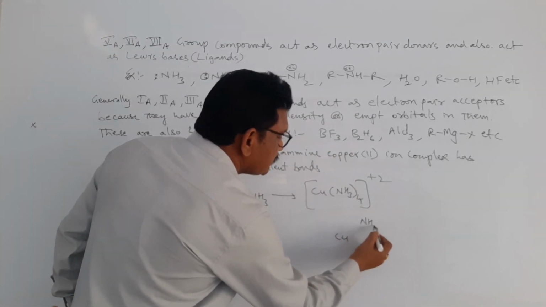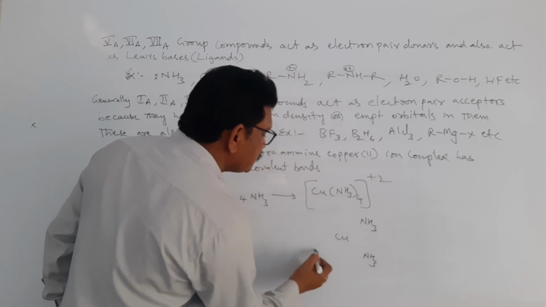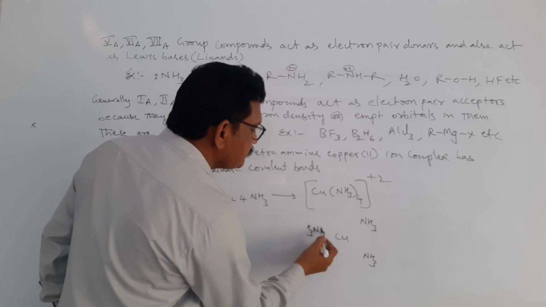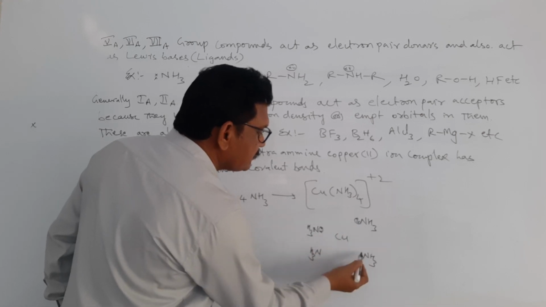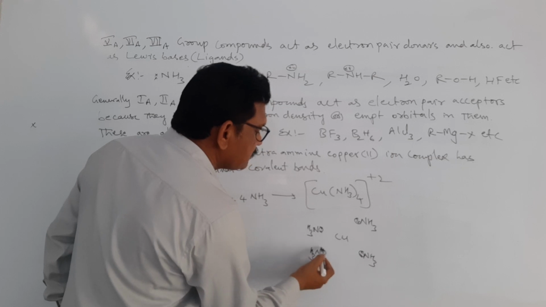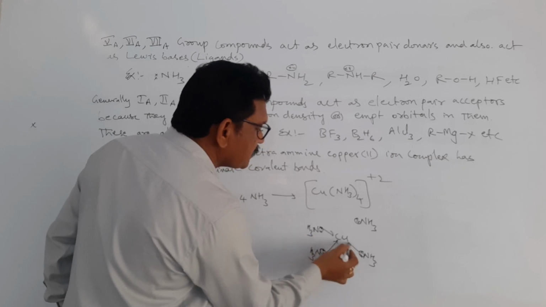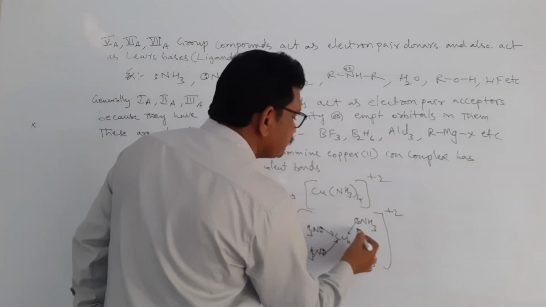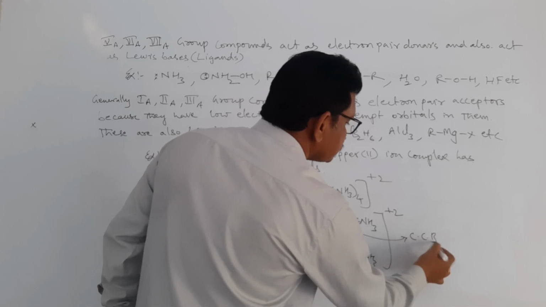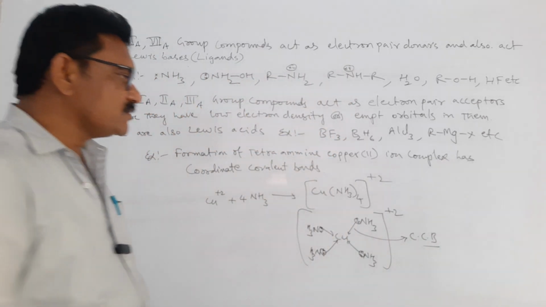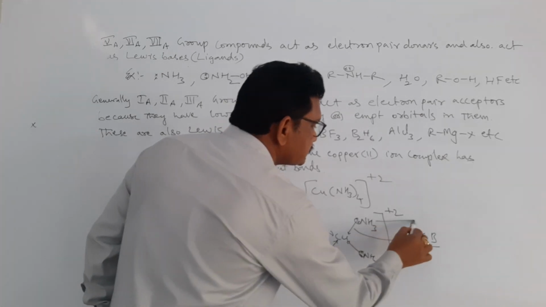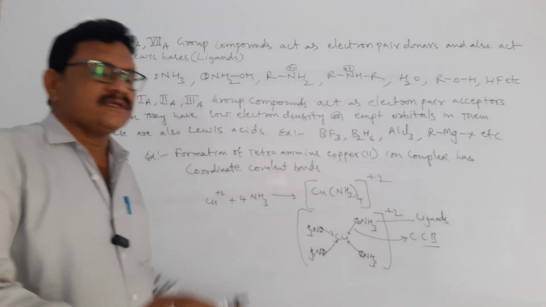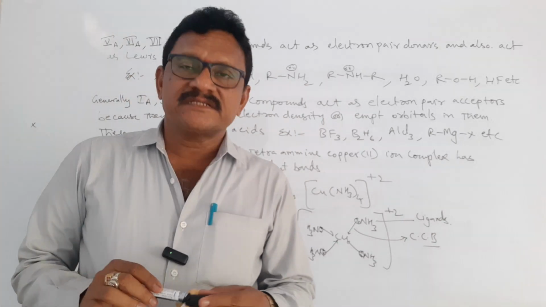So here ammonia is an electron rich molecule; in each ammonia molecule, nitrogen has a lone pair of electrons on it. This electron pair is donated to copper. So these bonds we consider as coordinate covalent bonds. These ammonias can act as ligands, ligands in the sense Lewis bases also. This much information is enough to understand the coordinate covalent bond.